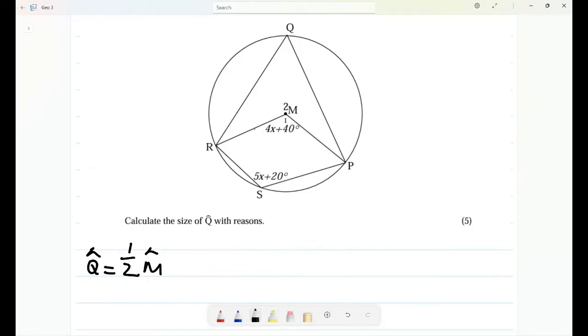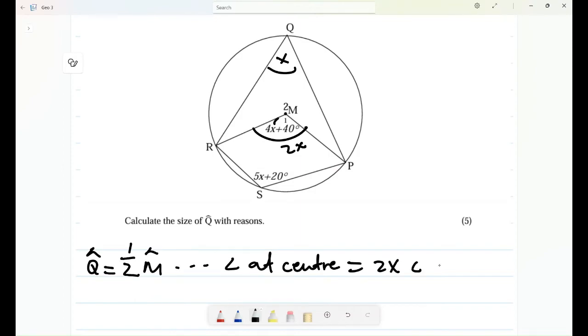Because I know this angle, if this is double, this should be half. So hence I'm saying Q is half of whatever this angle is here. Again, so why are we saying that angle at center is equal to twice angle at circumference.